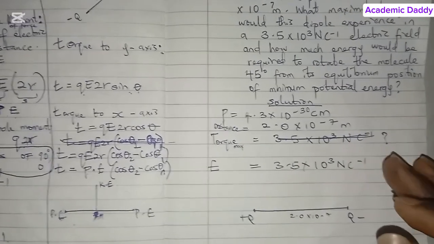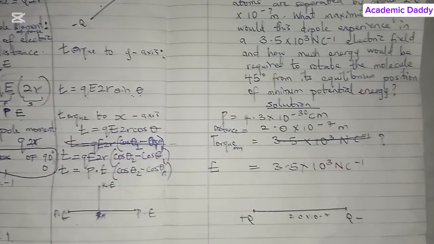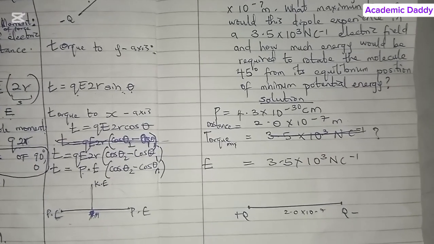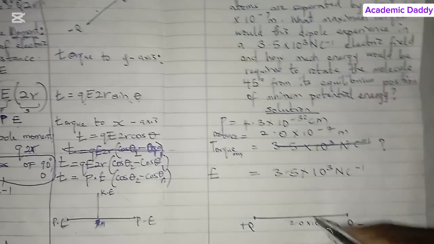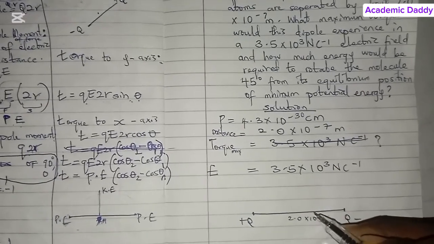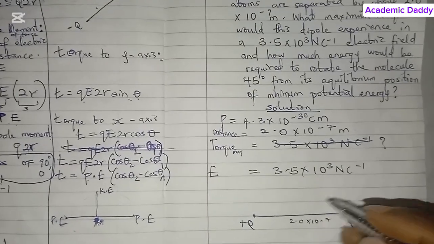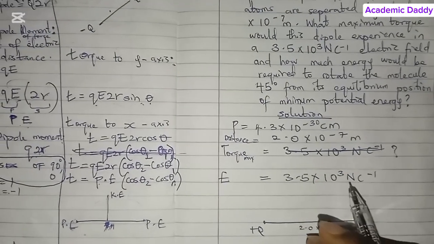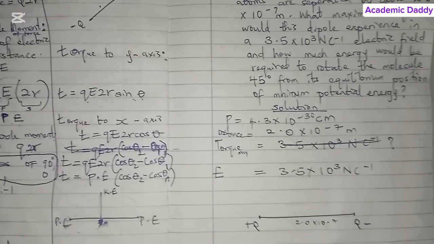Then they gave me the dipole moment, q times 2r, that is, force times distance.